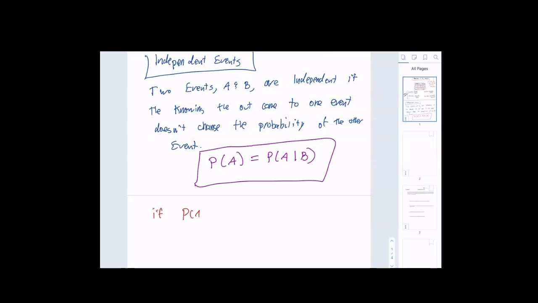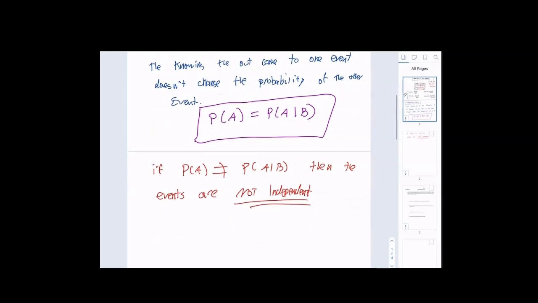If the probability of A does not equal the probability of A given B, then the events are not independent, i.e., there is an association.